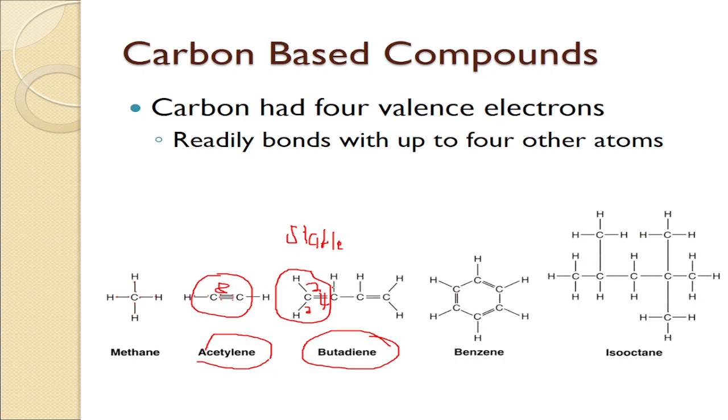For this one, the central atom, this is the central one, we have 1 plus 4, so that's going to be 6. 6 right here, so this is not that stable. Here we have 1, 2, plus 4 here, so 6.